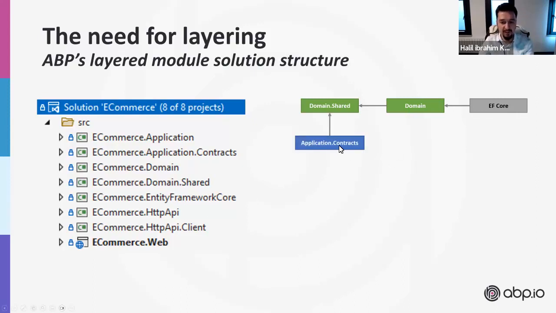We have an application contracts package, which includes the interfaces of your application services, and an application package that implements these interfaces using the domain services and objects. In this model, we have an HTTP package that implements the same application service contracts as REST APIs.